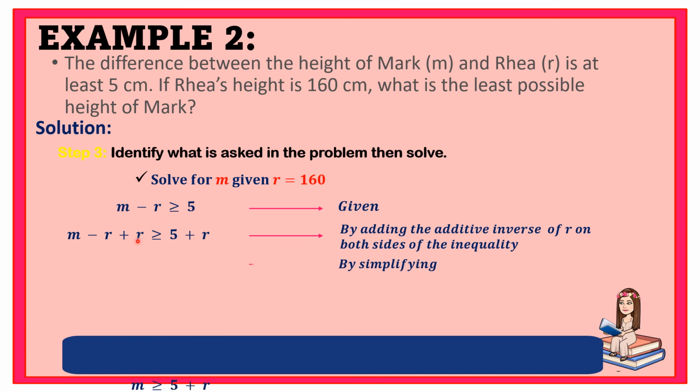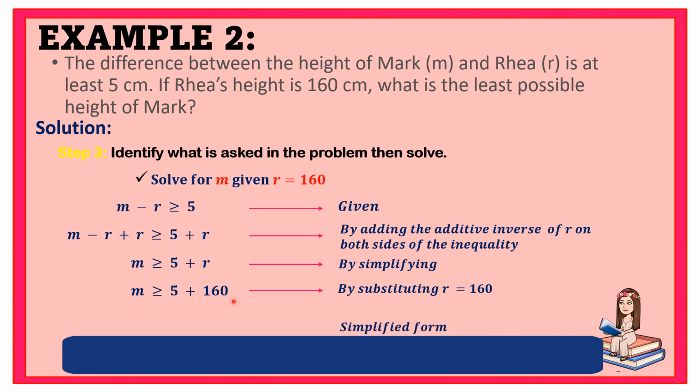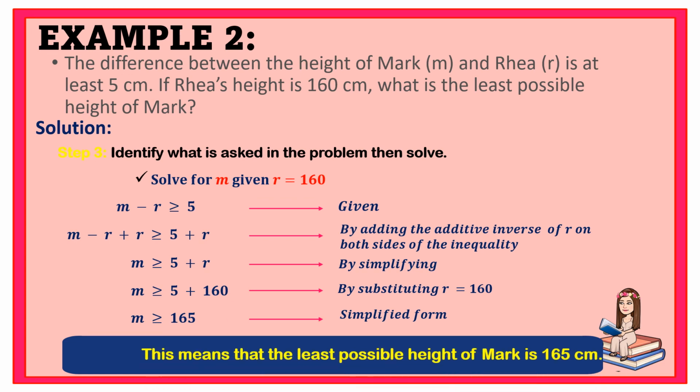May iwan na lang ay M is greater than or equal to 5 plus R. Then, we substitute that R is 160. Kaya M is greater than or equal to 5 plus 160. Simplifying, then we now know that M is greater than or equal to 165. Therefore, we can say that the least possible height of Mark is 165 centimeters.